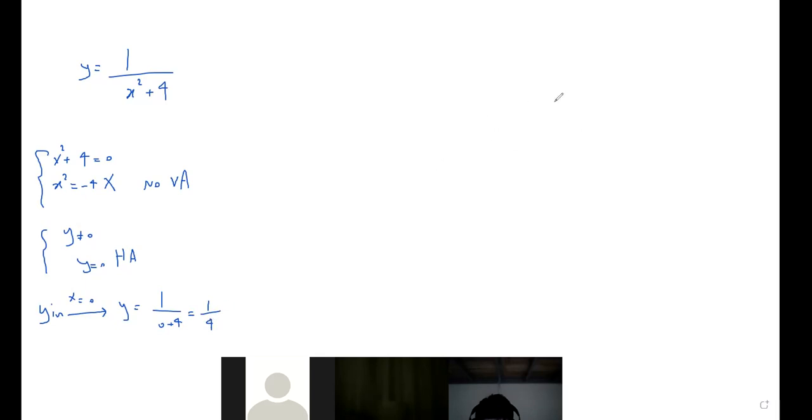I'm going to graph that. Horizontal asymptote, we have y equal to 0. We do not have any vertical asymptote. This is y equal to 0. And we have a y-intercept. Let's say this point is 1/4, okay? Also, I can try some points around 0.